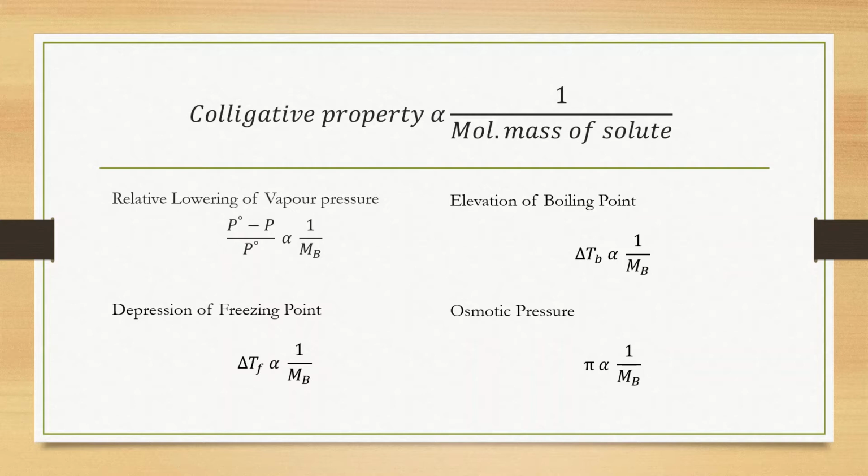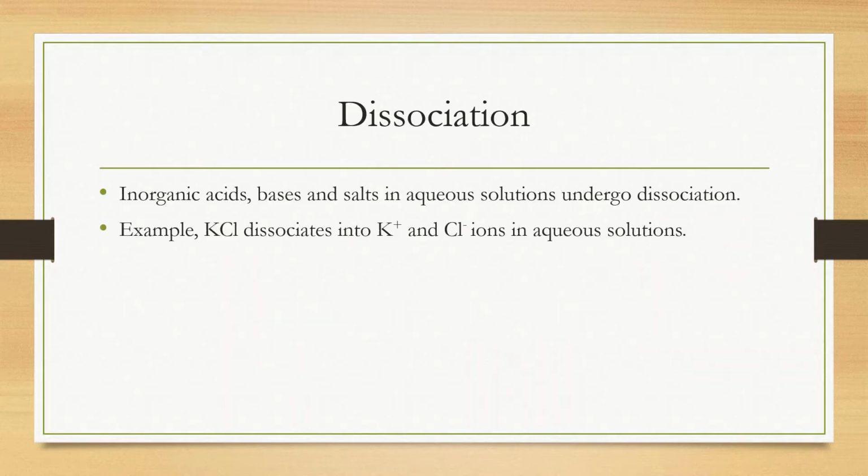For example, in the case of aqueous solutions of electrolytes like KCl, there would be double the number of particles because dissociation takes place. As a result, the observed colligative property also becomes double than expected, and the molecular mass becomes half of the expected value.